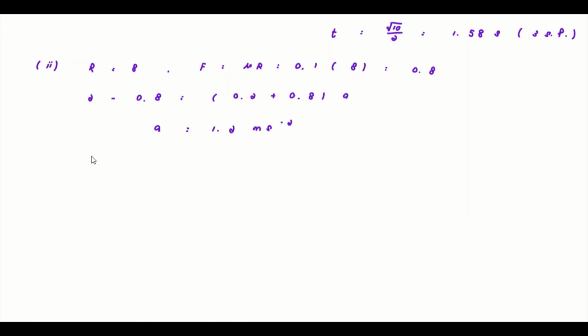Okay, so U is 0, A is 1.2, S is 2.5, and we want to get our final velocity. V squared equals U squared plus 2AS, so 0 plus 2 times 1.2 times 2.5. V squared is 6.